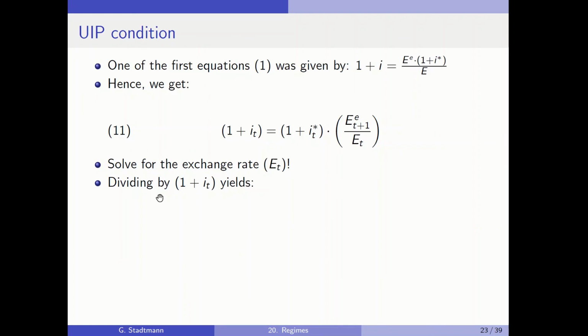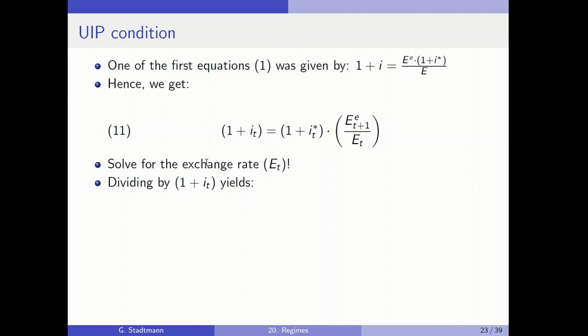When we derived the UIP condition, we started with the first equation. This was given by the following relationship. On the left-hand side, we have the return in case that we invest in the domestic economy, and on the right-hand side, we have the return in case that we invest in the foreign economy. From this relationship, we get to equation 11, so we just write 1 plus i star in front of this relationship.